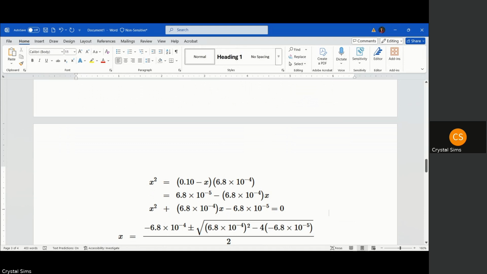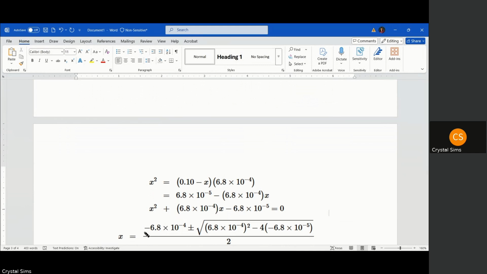And as a refresher, the quadratic formula is negative b. So remember, these are terms. We have a, b, c.